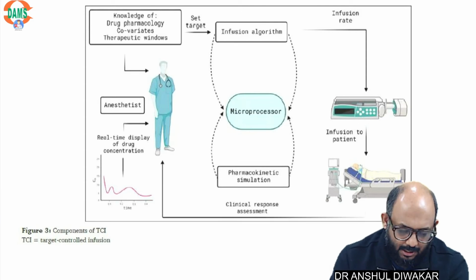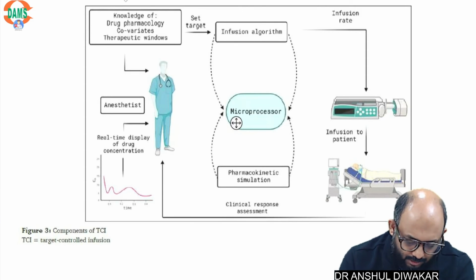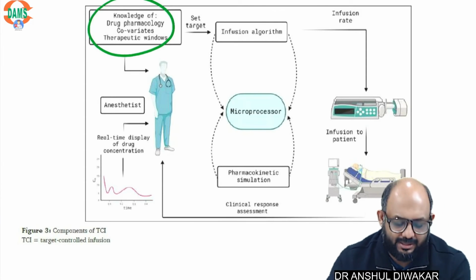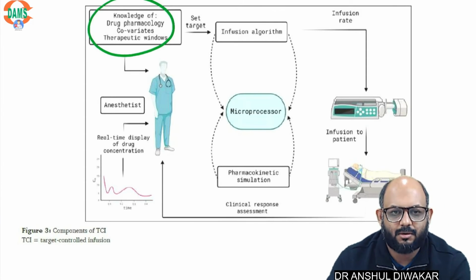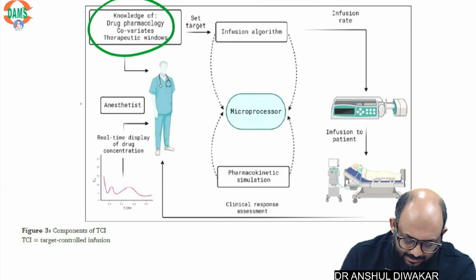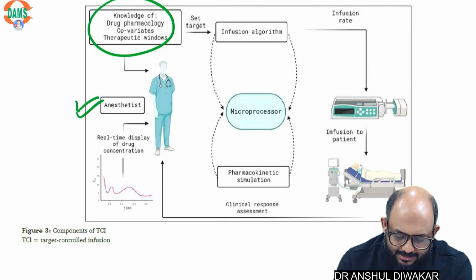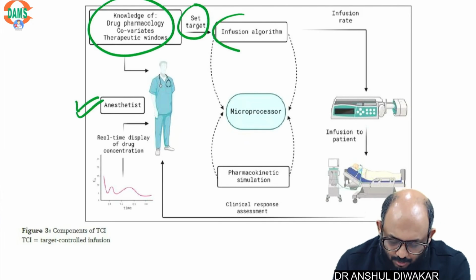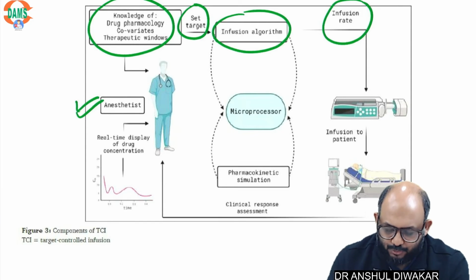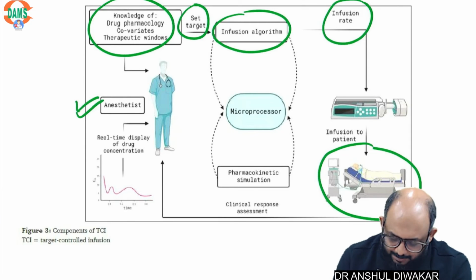So what happens? You first need to have knowledge of the drug pharmacology, covariates and therapeutic windows. Okay? So that is the anesthetist part. Then he sets the target and infusion algorithm, which will start the infusion rate. Infusion will go to the patient.